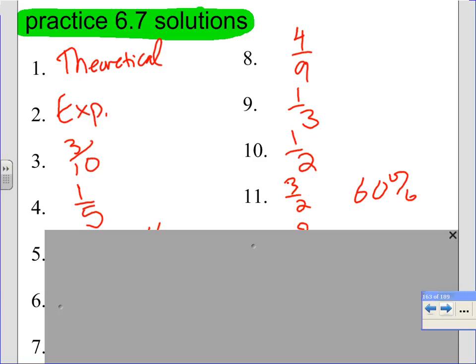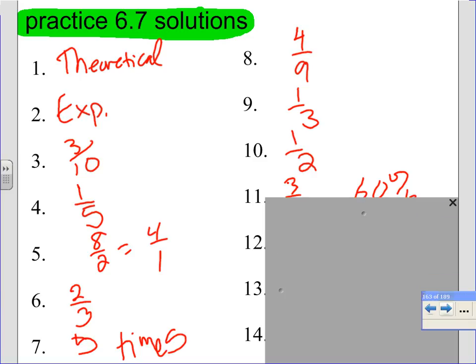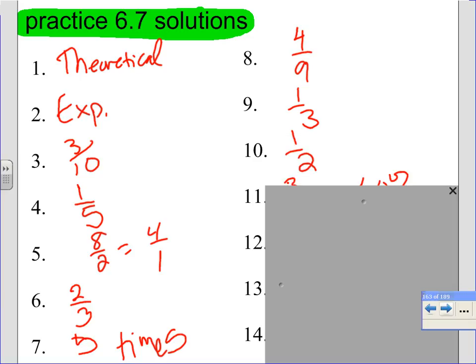Good. Doug, number 6. Good. 2 to 3. Number 7, Justin. Good. 5 times. Number 8 is 4/9. Jeremy, number 9. Good. 1/3. Number 10, Donatus. Oh, yeah, that's right. Alyssa, number 10. Good. 1/2. Matt, number 11.